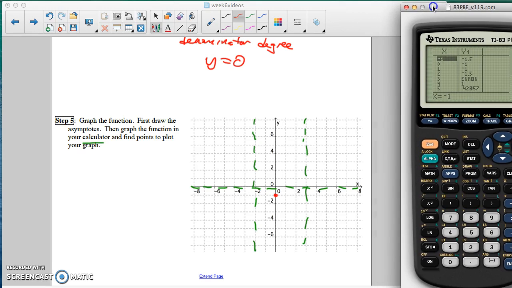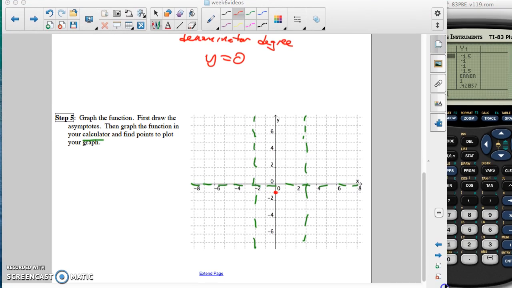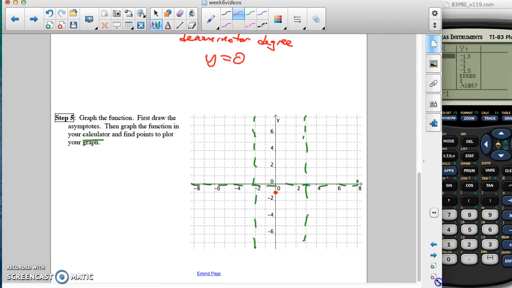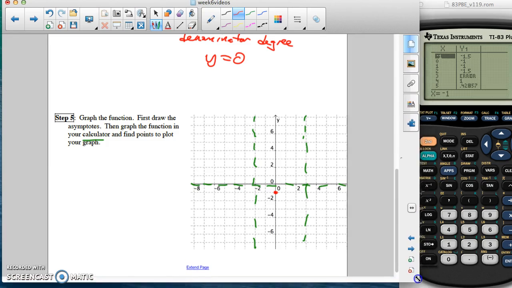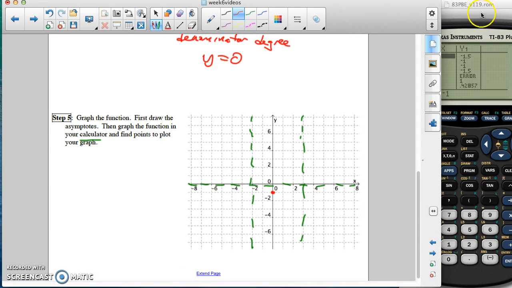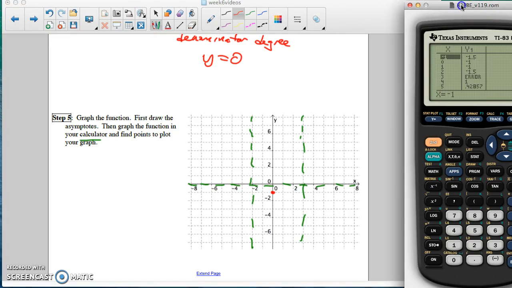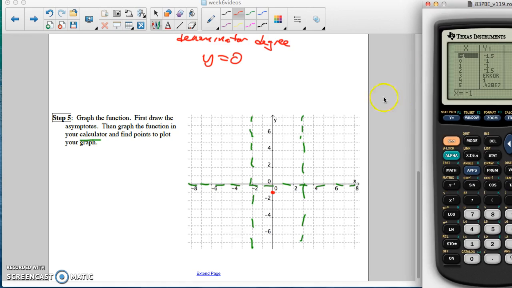All right. So now if I look at this, okay, our first point is going to be (-1, -1.5).